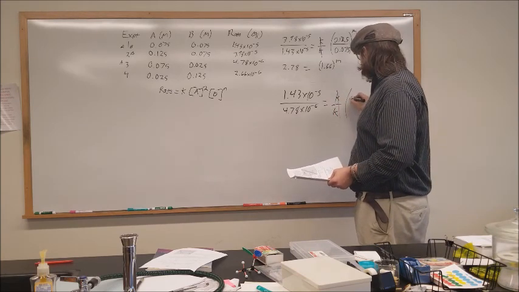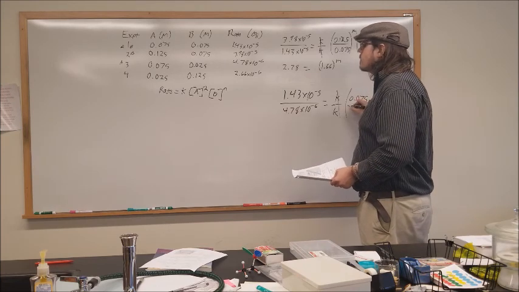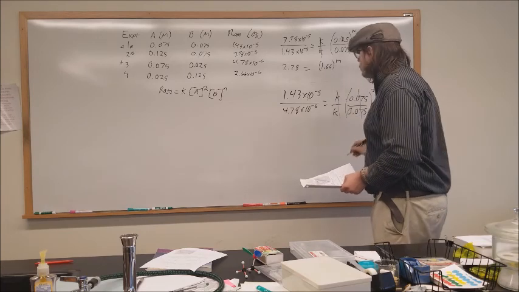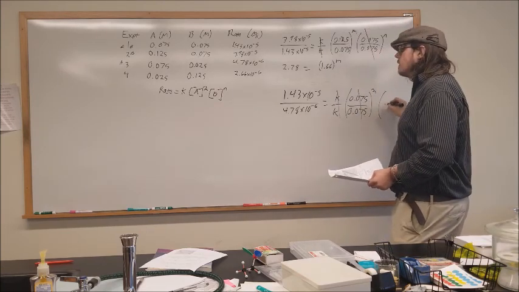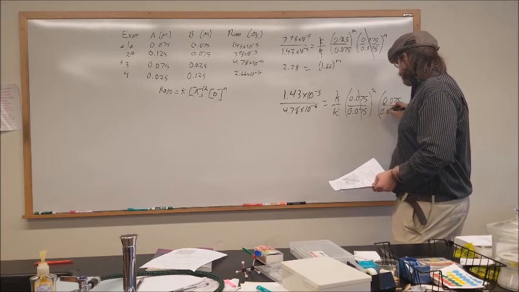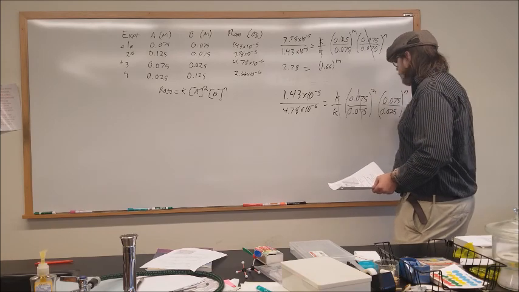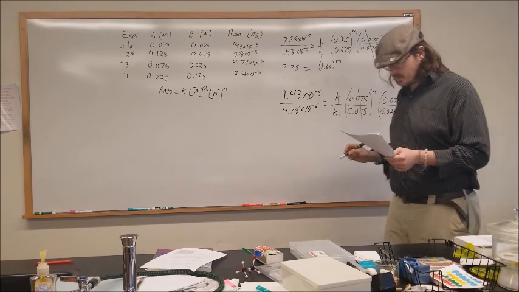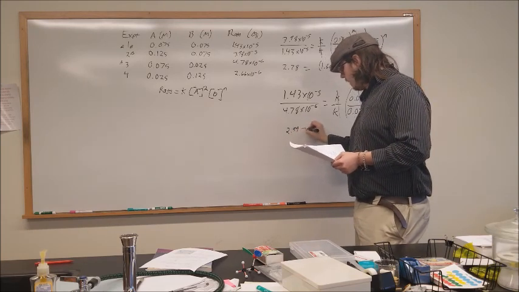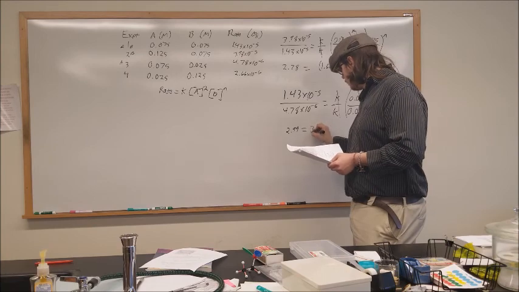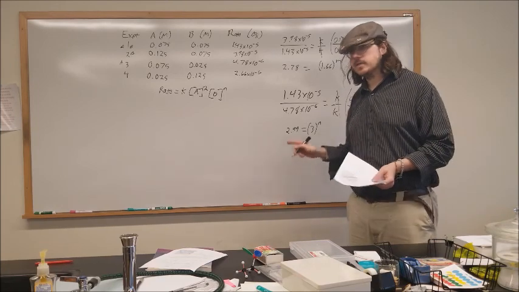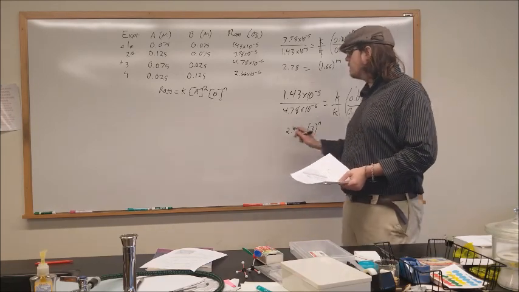A over A still cancels out, and we're left with 0.075 or 0.025. Do that math, you get that this is 2.99, and B is essentially 3. And that leaves the only possibility as N being 1.